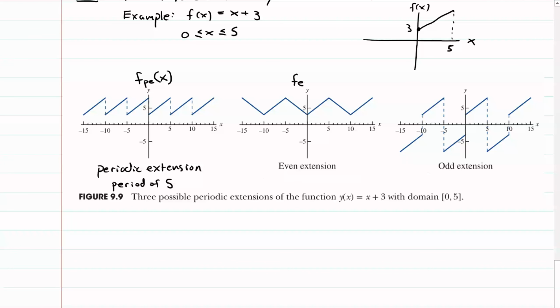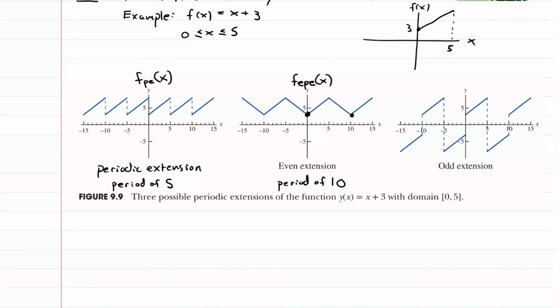I will usually write it like EPE, even periodic extension. Notice the period of this function is 10, right? Here's where it starts, here's where it repeats. So the period of this function is twice as long as the original domain. And then I could do a similar thing, except instead of making it even, I could make it odd.